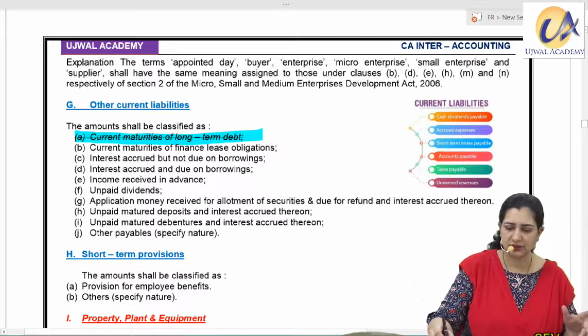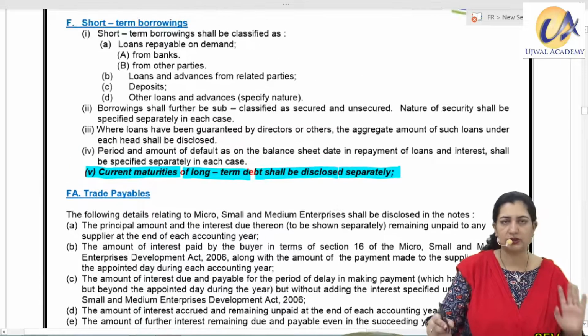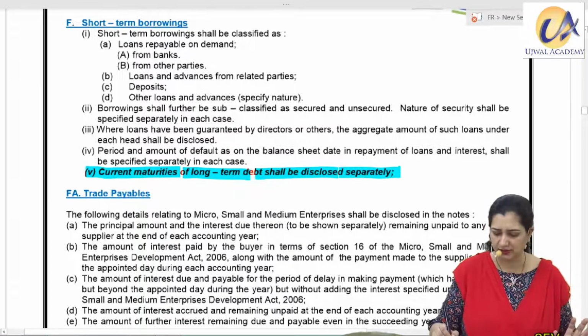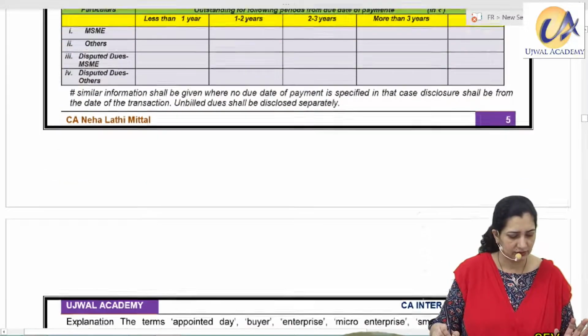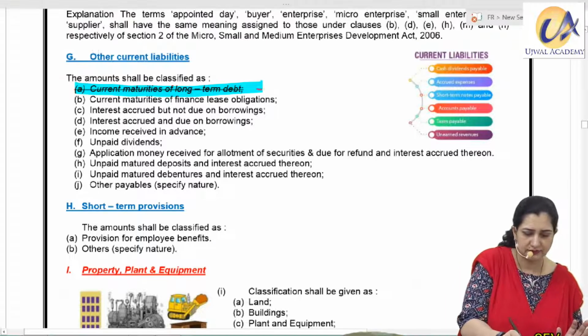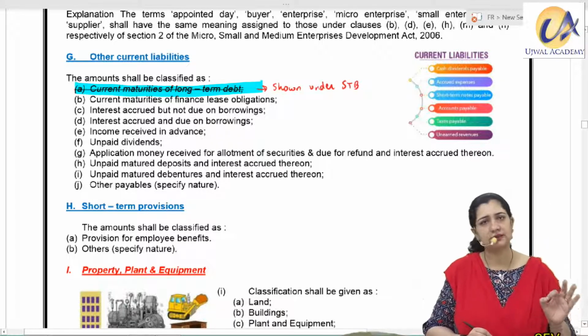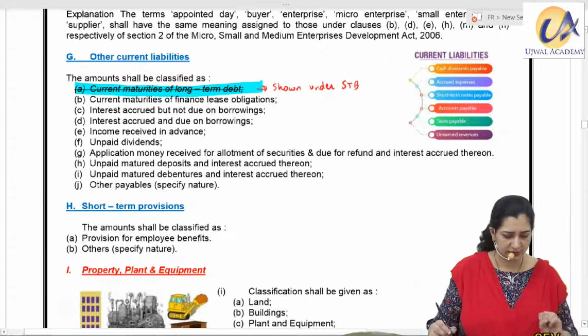So this is the change. Okay. So one, cut it from other current liabilities, and show it where? Show it under short-term borrowings. This is the change which has occurred. So here I will write down, where is it shown? Shown under short-term borrowings. I hope this is clear. So this is again another small change which has occurred.